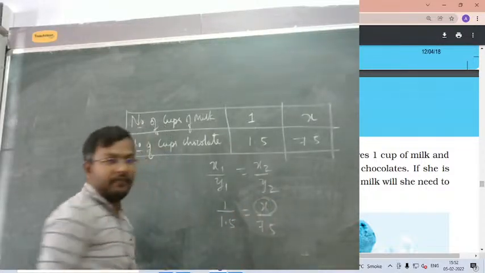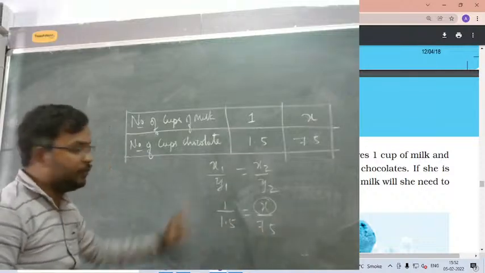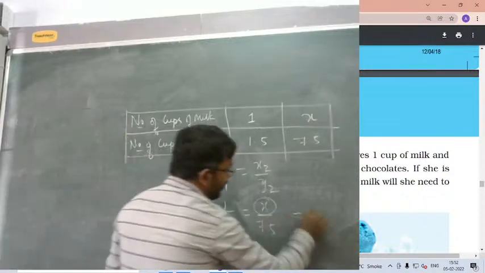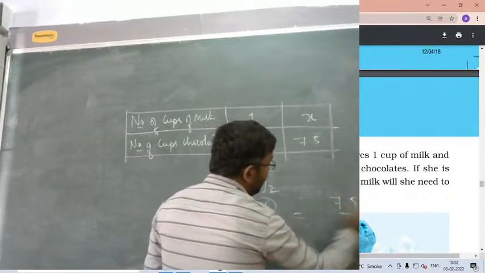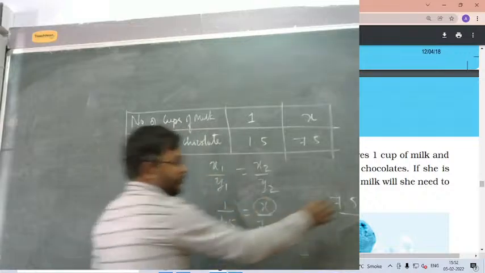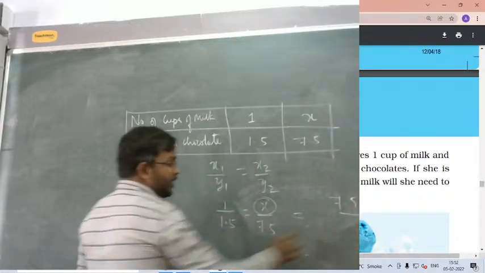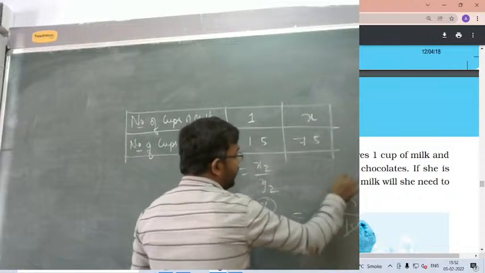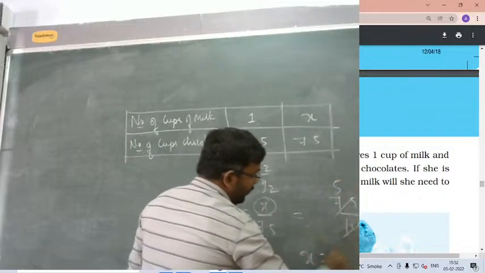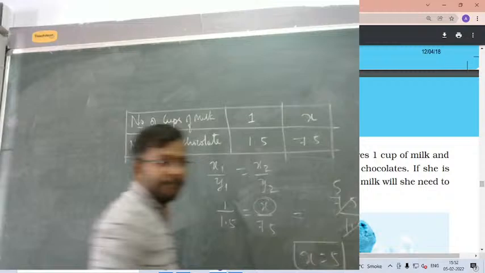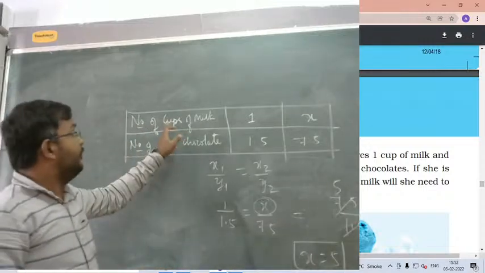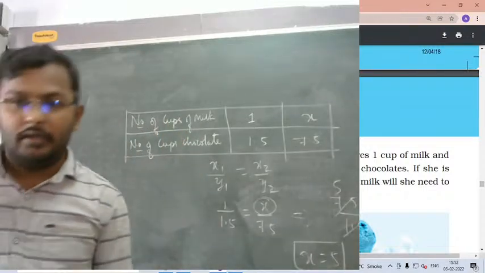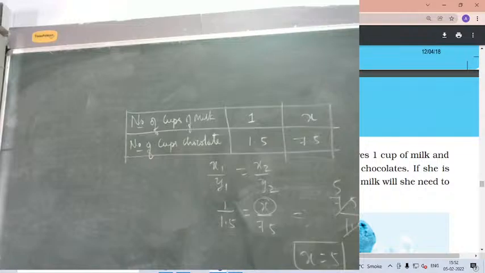We have to find the value of x. This 7.5 you send to the other side. So you get 7.5 into 1 divided by 1.5 is equal to x. When you simplify, you get 5. So the value of x will be 5. We need 5 cups of milk to mix with 7.5 cups of chocolate.